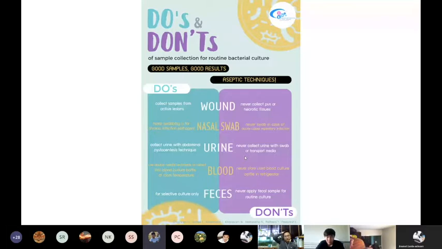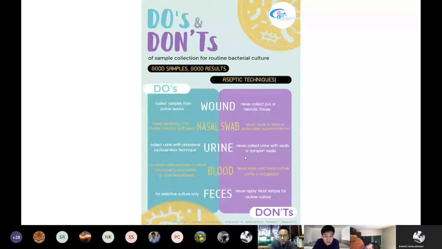If we confirm that it's not a mistake from the technique or any complication from any steps, I think it can be used, especially with the cystocentesis technique, because it is a sterile environment from the urinary bladder. So sometimes when it has blood, we can also do the culture from the urine and see what the species of the bacteria is, and whether it is more than the quantitative cutoff.